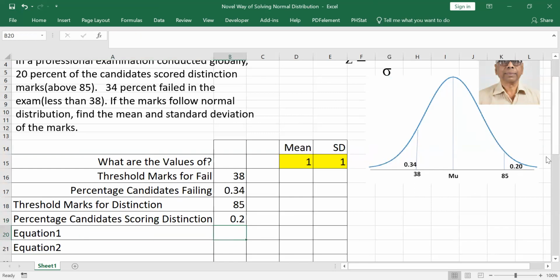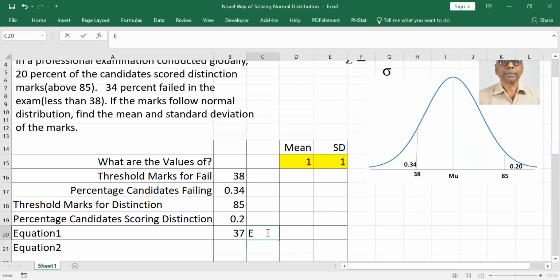X minus mu by sigma is Z, I put here, equal to 38, this cell, minus mu, the mean is here, divided by sigma, which is here. This is the formula we have to enter.